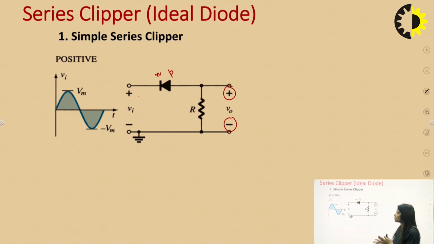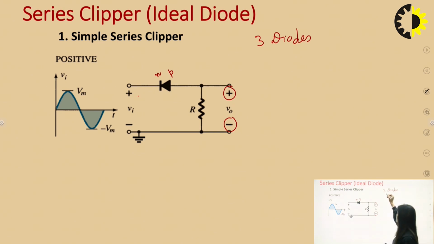Now, while we are dealing with this particular numerical, there are three diodes which you can encounter in the numericals. First is the ideal diode, second is silicon, and third is germanium. These three diodes behave in a very different manner while they are forward or reverse biased.